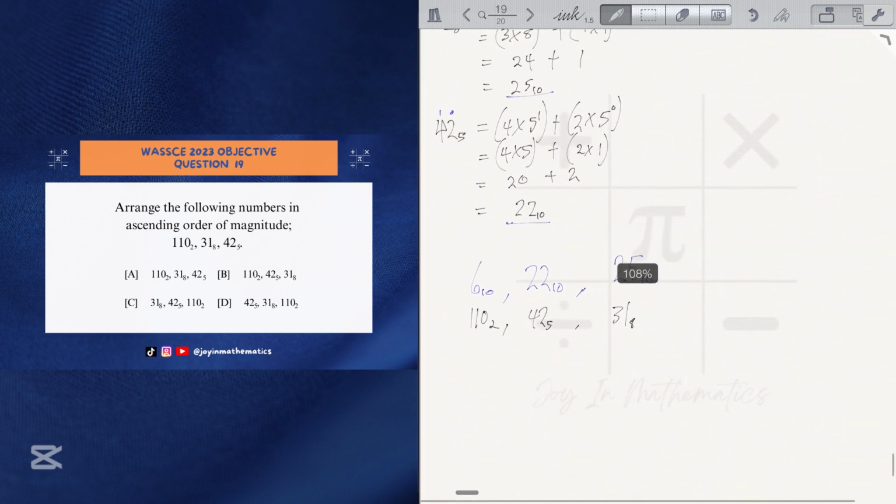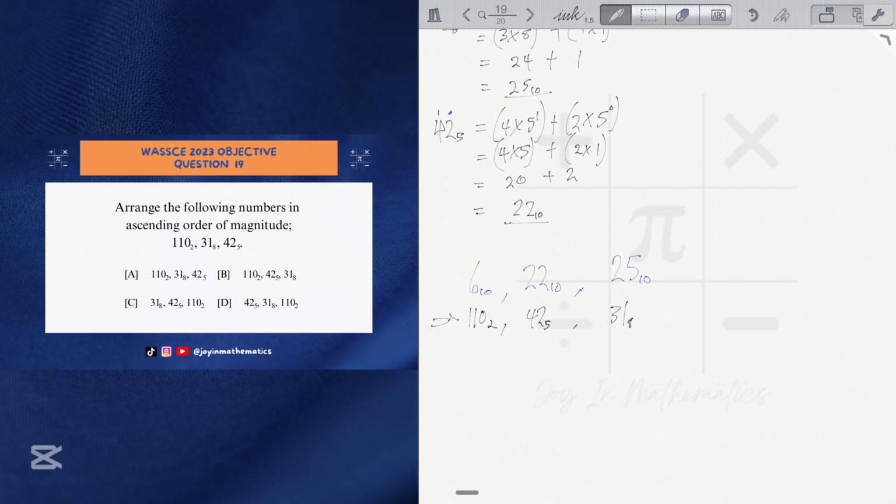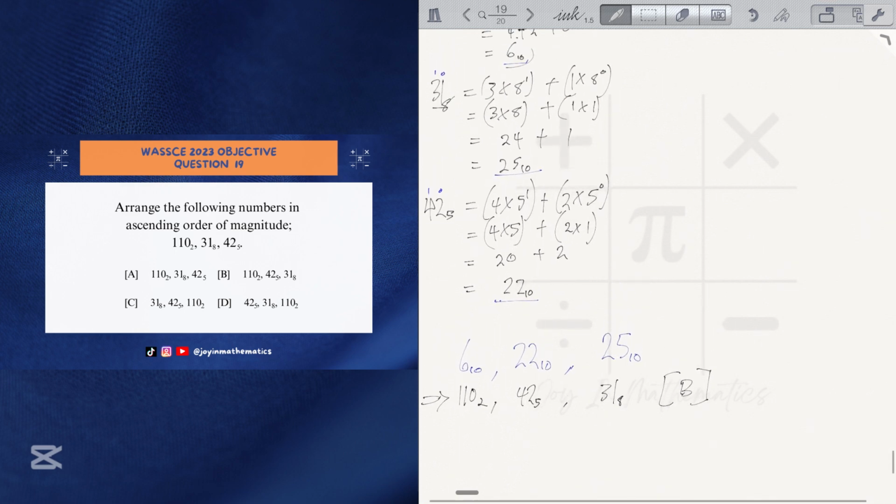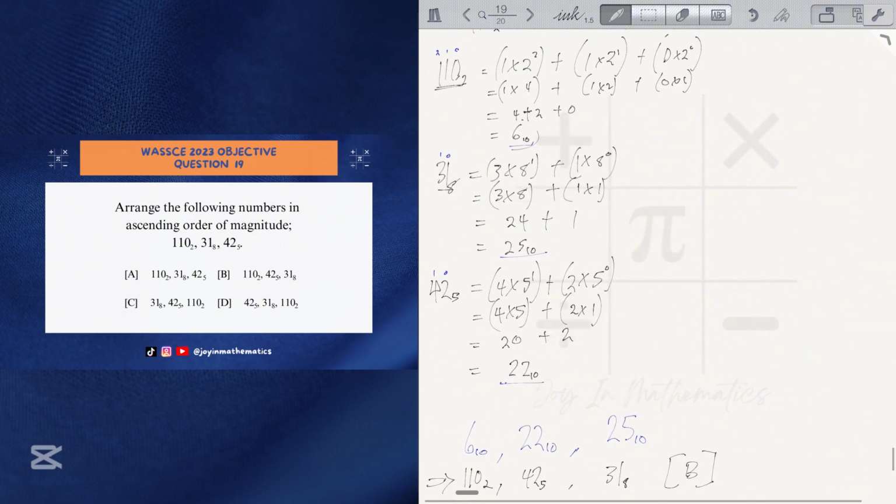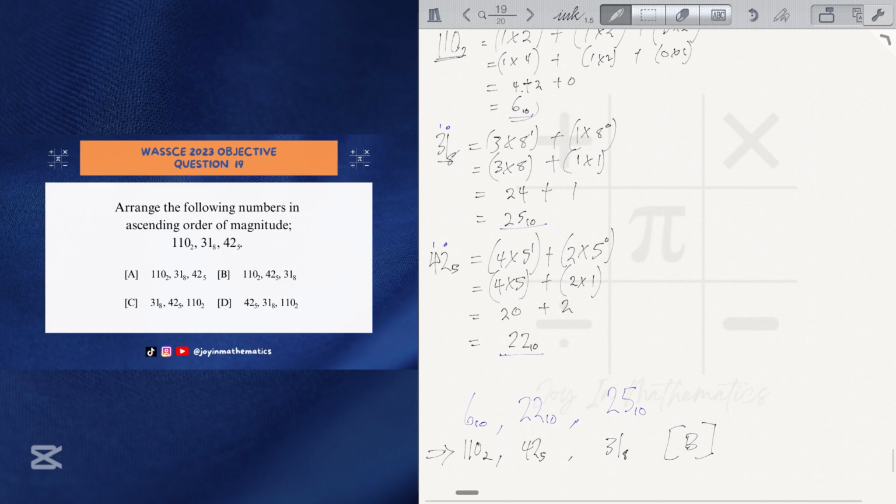And this is the correct answer, which is equivalent to option B: 110 base 2 followed by 42 base 5 followed by 31 base 8. And remember, we had to convert everything to base 10 before we knew the order.